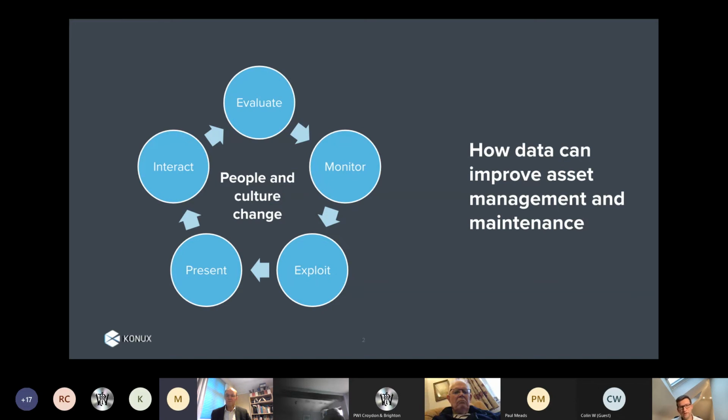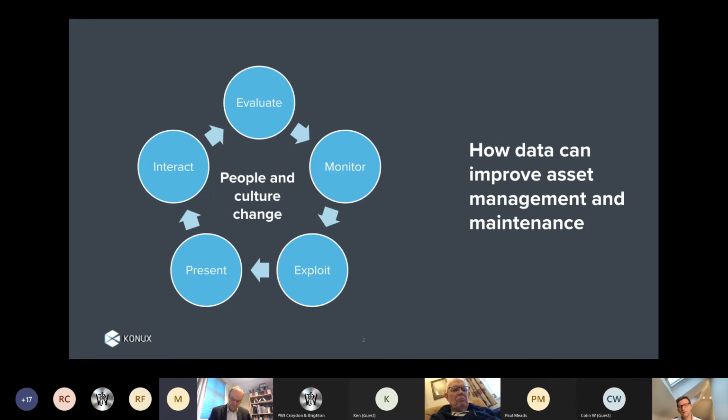And then the interaction piece: we need people to use the data, and to feed back on the data to improve it, and to use it when they're out on site so that they understand the failure history and don't just repeat what the previous gang did, for example. And then they need to tell us what they did. That's really important. By understanding what the actual failure mode was, what the root cause was, and what the fix was, or wasn't in some cases, we can then get much better.